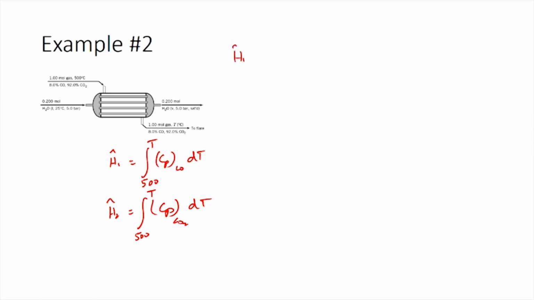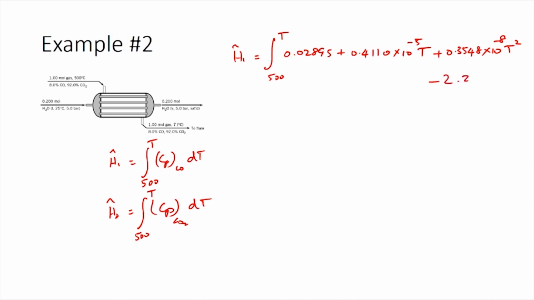So, our H1 cap would be equal to the integral from 500 to T of 0.02895 plus 0.4110 times 10 power minus 5 T plus 0.3548 times 10 power minus 8 T squared minus 2.22 times 10 power minus 12 T cube dT. Integrating this, we get a polynomial which would have the fourth order of temperature.